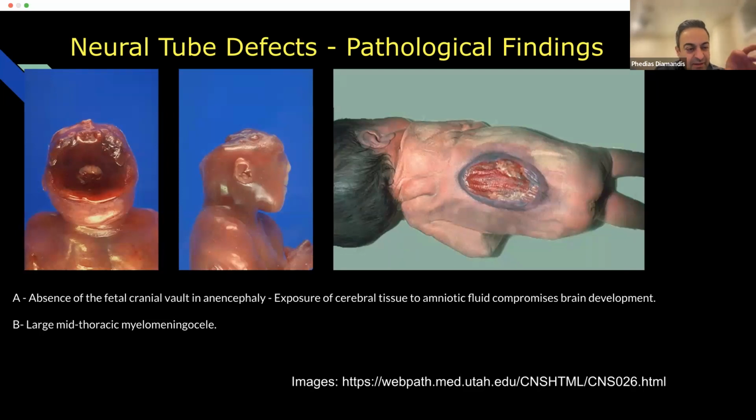So here's some, again, gross pathology of these defects. Again, from the back, we see a defect of the skull development and no brain tissue. A side view again highlights that there's really a normal facial structure for the most part, or at least developed facial structures, and then complete absence of the calvarium and skull bones being formed at the top, which is the associated anencephaly.